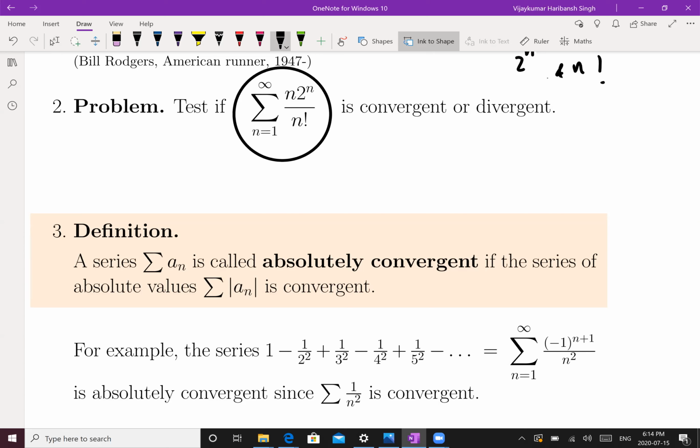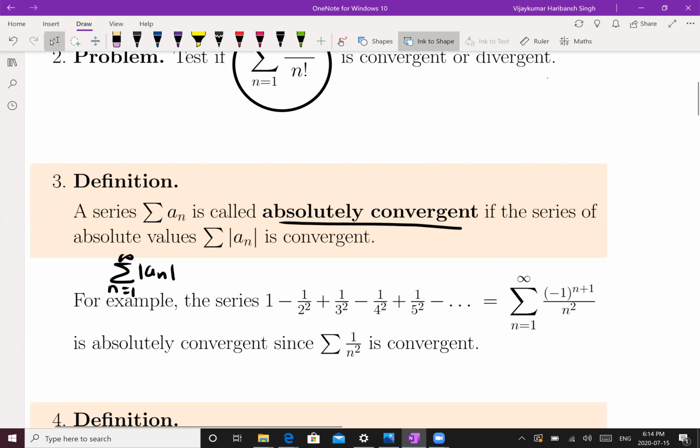We call a series absolutely convergent if it converges absolutely, in the sense that a series summation a_n is absolutely convergent if you take the absolute value of each term and then form a series, and it's also convergent.